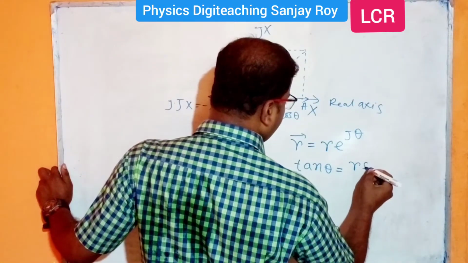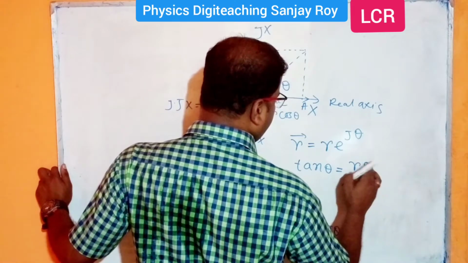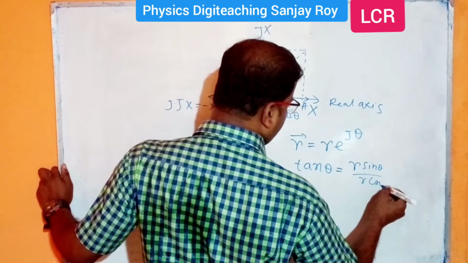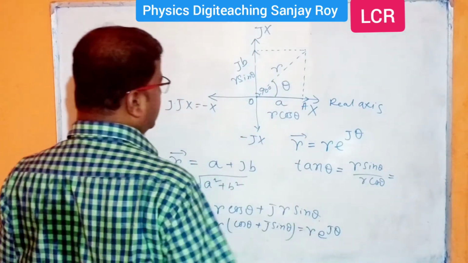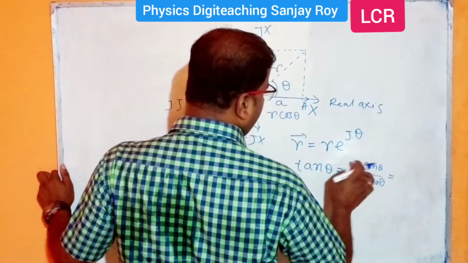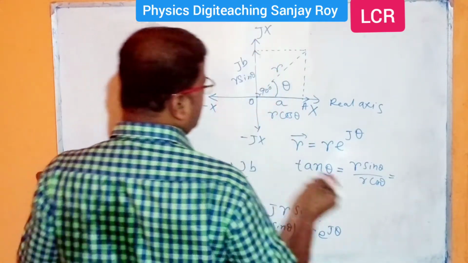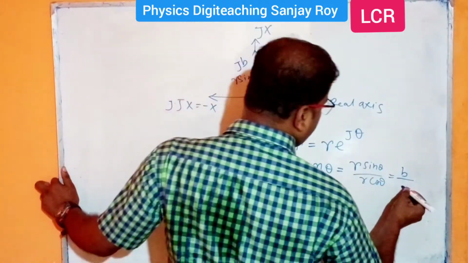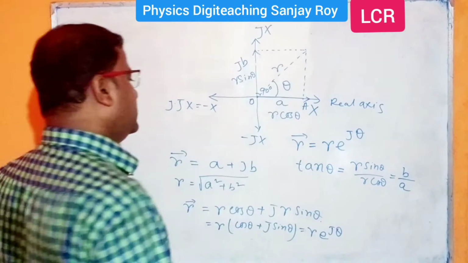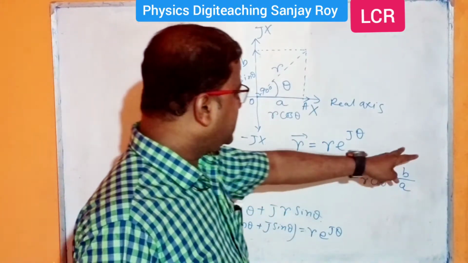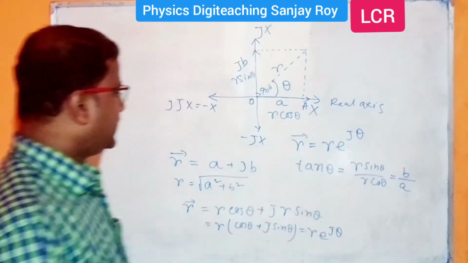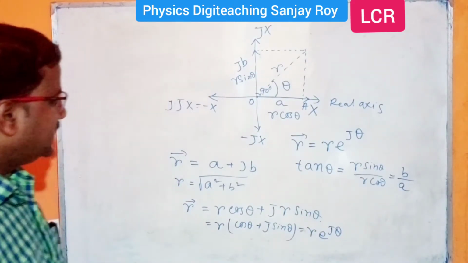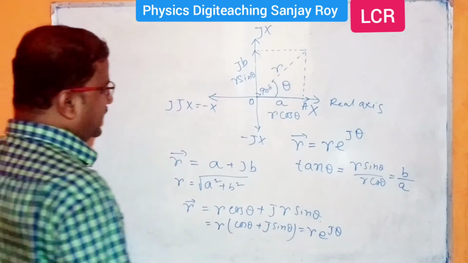Therefore R sin theta by R cos theta gives tan theta, and we know R sin theta is the value B and R cos theta is the value A. That is, tan theta equal to imaginary part divided by real part. Okay. Now we use this algebra in our LCR circuit.